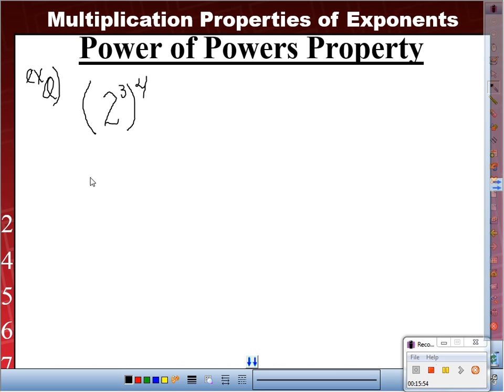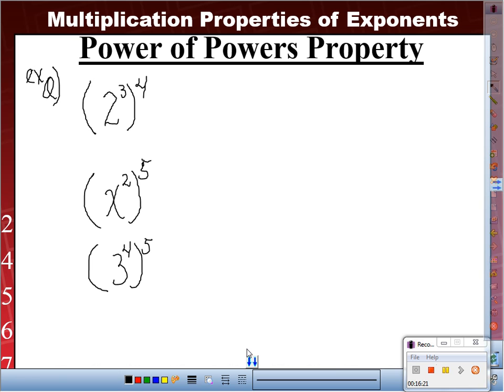Underneath that, I want you to write open parentheses, x to the 2nd, close parentheses, and outside to the 5th power. And I'm going to write one more underneath, open parentheses, 3 to the 4th power, close parentheses, and outside to the 5th power.